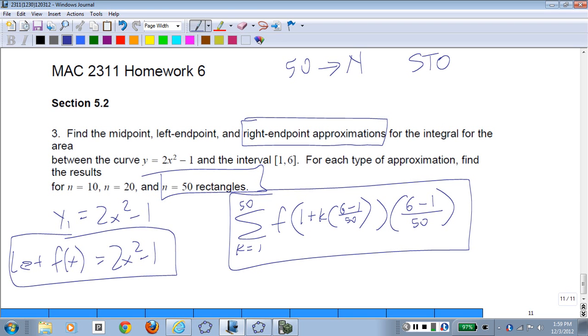Maybe that's the simplest thing. You can say sum of the sequence of the expression y1 of 1 plus k times, yeah, k times, 6 minus 1 over 50.